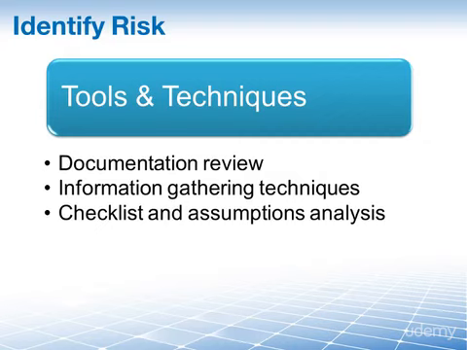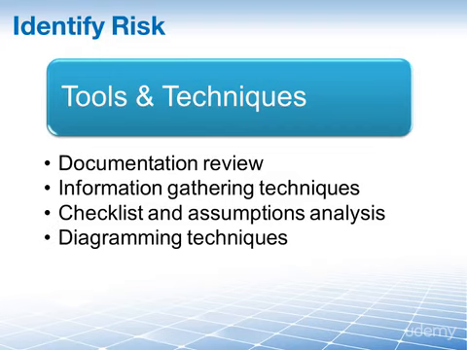There's checklist and assumptions analysis that consider both historical and current project information. Several diagramming techniques that, like our analysis techniques, are used to identify both risks and causation. And we have the SWOT analysis to highlight areas of strengths, weaknesses, opportunities, and threats.